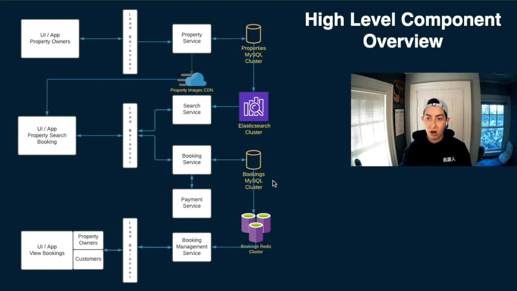So right off the bat, you can see that this property owners app, where the property owners are posting their properties, is driven by a MySQL cluster, more or less. Everything is being kept in this MySQL cluster, and that is part of the back end of this first component.